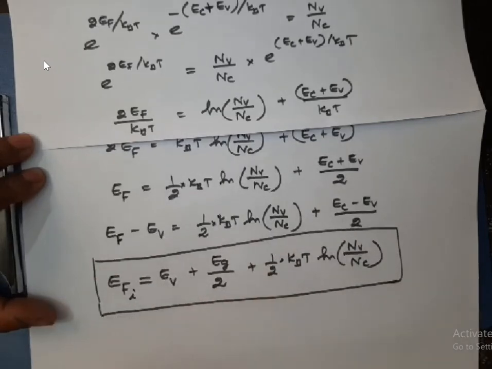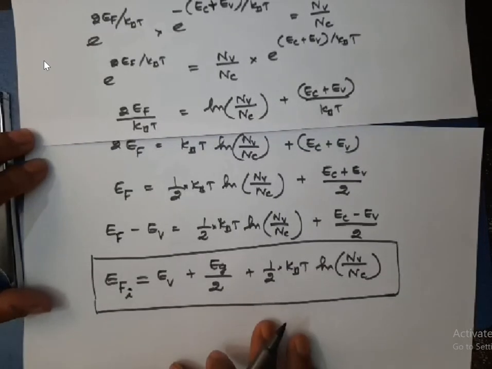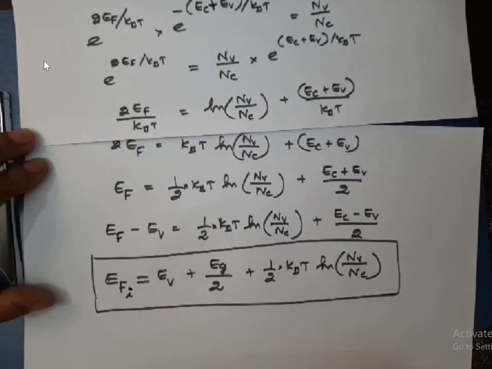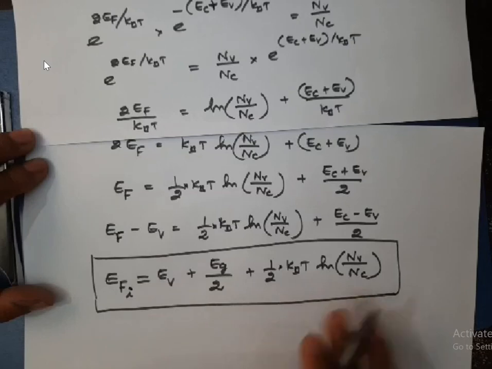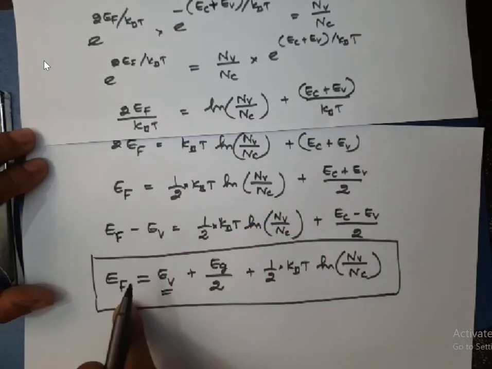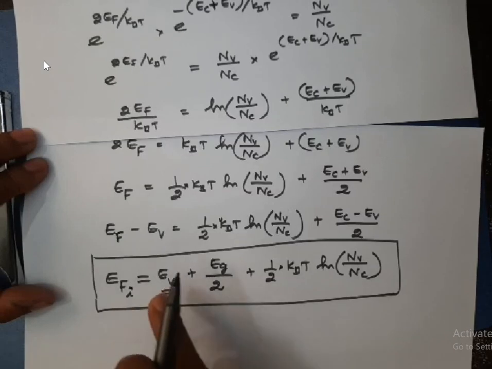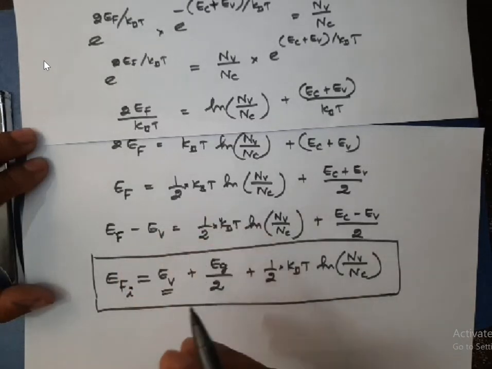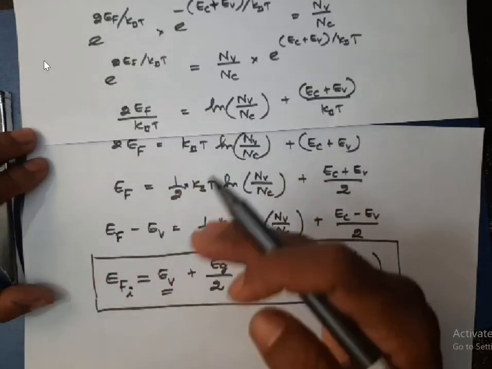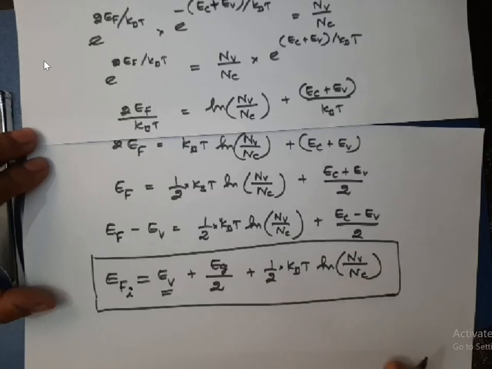So I'll put EFi, the intrinsic Fermi energy for the intrinsic semiconductor. What does this tell you? Above EV, at what value will the Fermi energy exist? You can calculate using this formula.